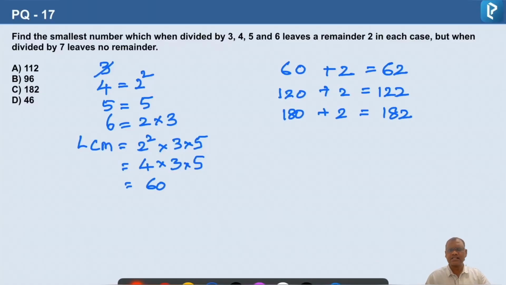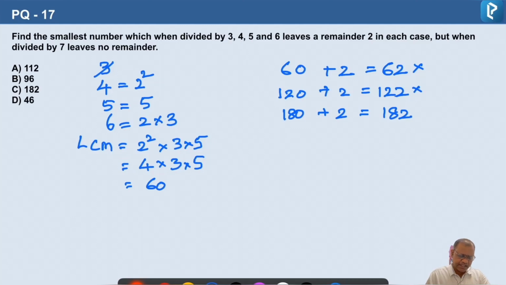Now let us check which number is divisible by 7. 62 is not divisible by 7. 122, 7 ones are 7, and we are left with 52. 52 is not divisible, so 122 is not divisible. 182, 7 twos are 14, 7 sixes are 42.